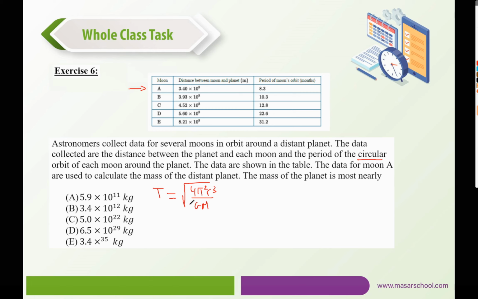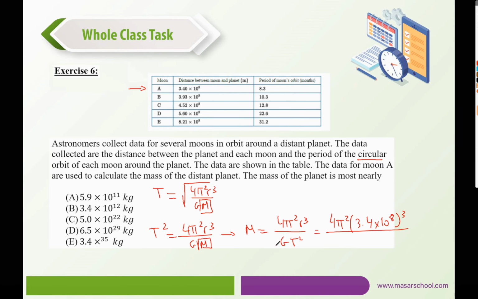We are interested in determining the mass M. Then squaring both sides, we have T squared equals 4 pi squared r cubed divided by GM. Isolating for M, we get that M is given by 4 pi squared r cubed divided by G T squared. And now we have everything. So 4 pi squared, the distance is given by 3.4 times 10 to the power 8.